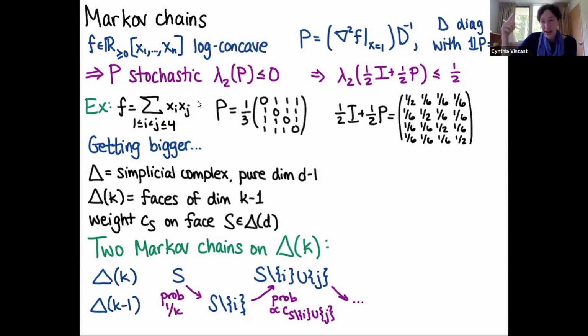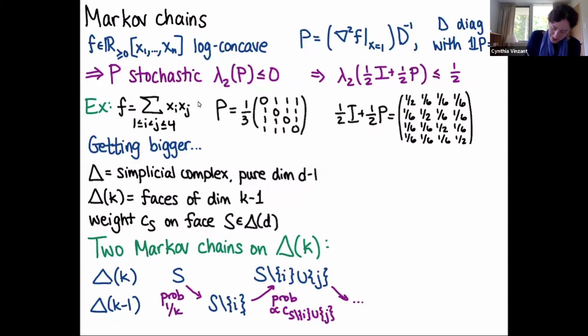And then I need to get back up to size k. So I'll add in one of the elements, with probability proportional to the corresponding weight. And then I could continue. And if I just view these 2 as a single step, then this gives me a random walk on things of size k.